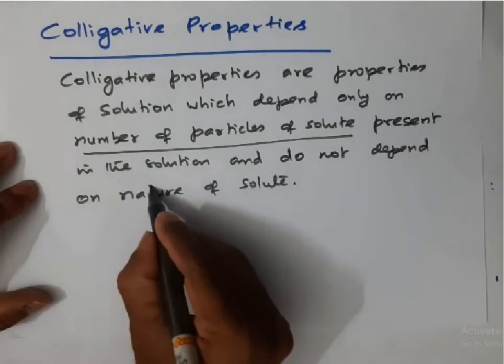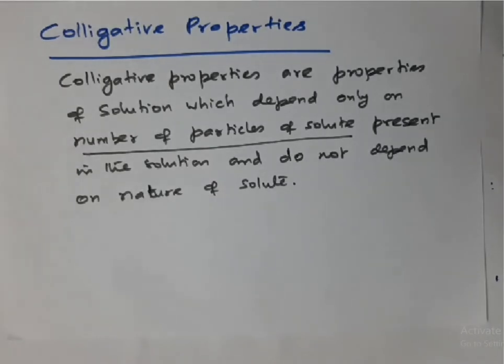Take this down: colligative properties are properties of solution which depend only on the number of particles of solute present in the solution and do not depend on the nature of the solute.